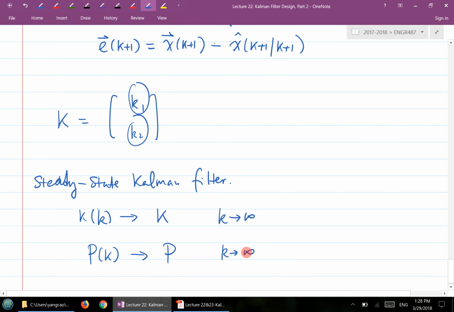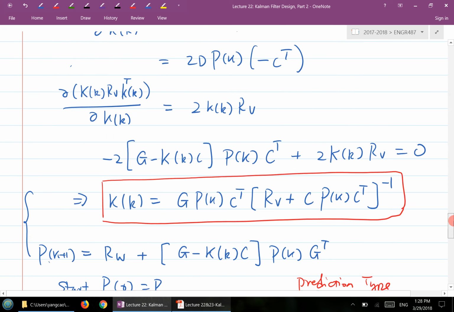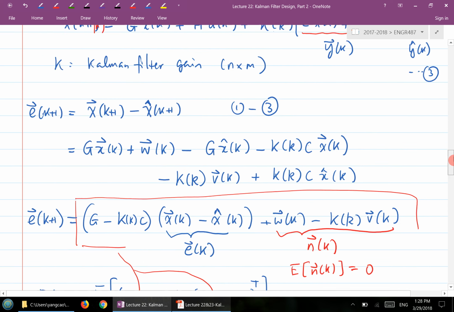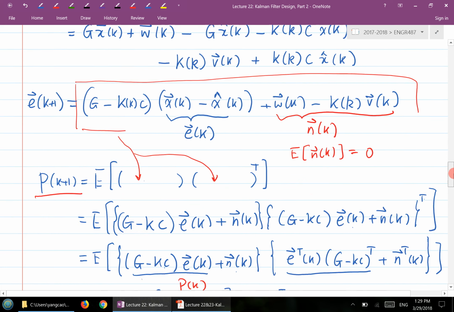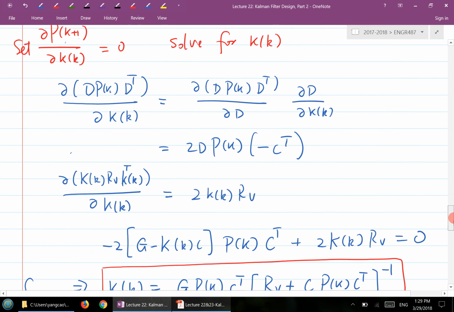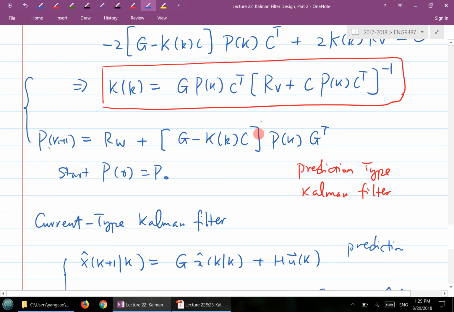So that covariance matrix P will also go to a constant value. How we can do this is we can simply make use of the results from our prediction type Kalman filter. The prediction type results are these two formulas, right?